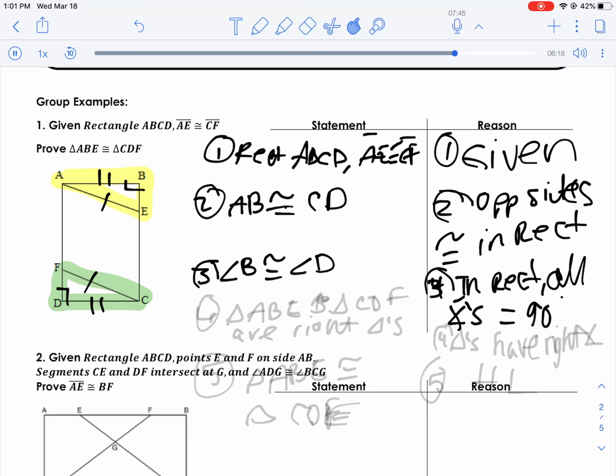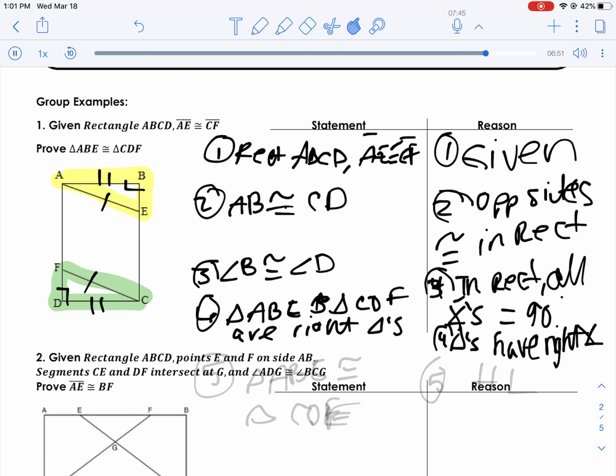It's HL. So now remember, before using HL, since they didn't tell us these were right triangles, we have to say that step 4, triangle ABE and triangle CDF are right triangles. You can say triangles have right angles.